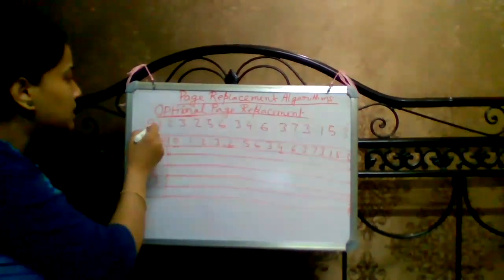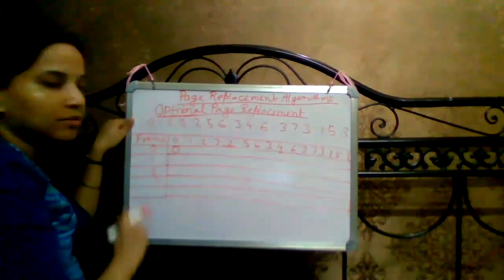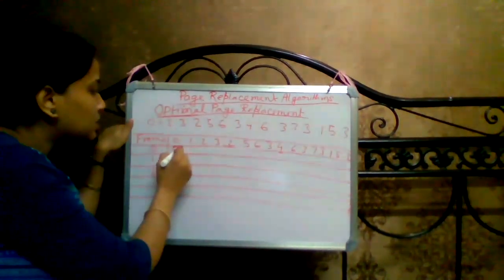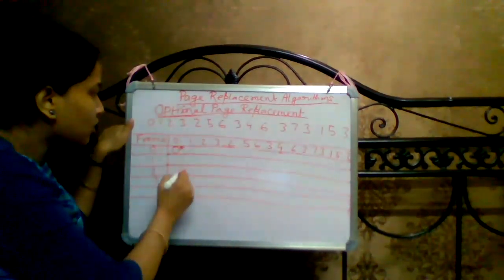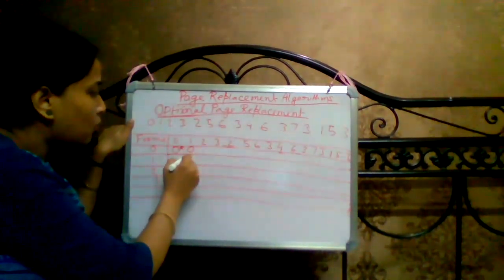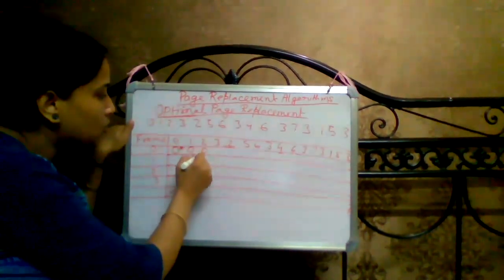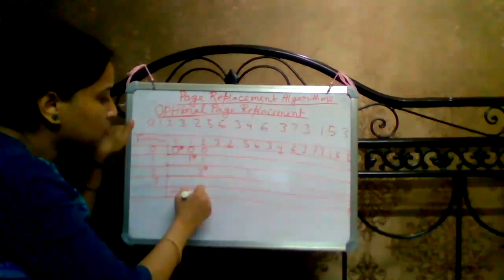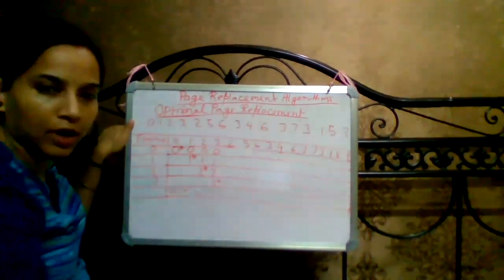For example, firstly the page fault occurs for the first time, and 0 is swapped into frame number 0. Page fault occurs. 0, 1 is swapped in and a page fault occurs. 0, 1, 2, page fault occurs. 0, 1, 2, 3, page fault occurs.